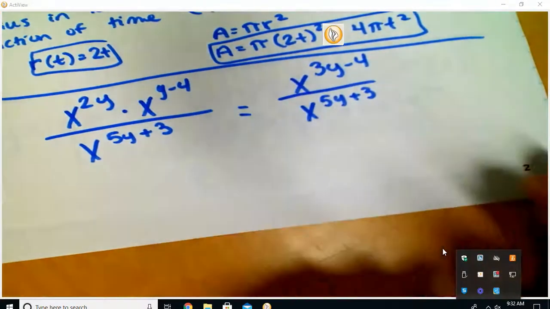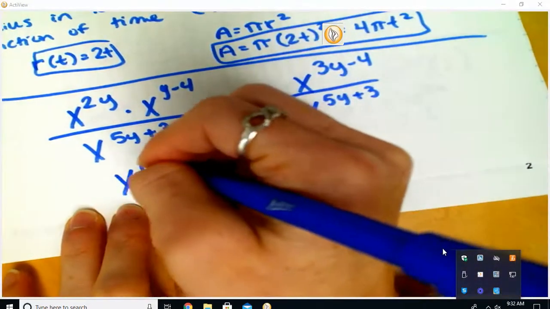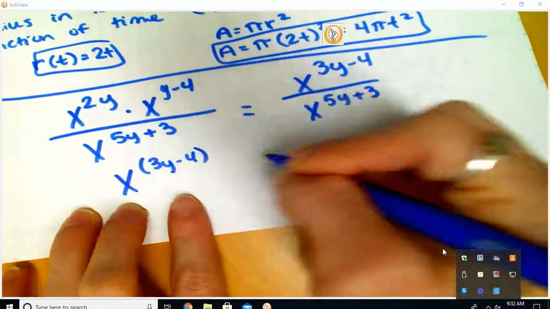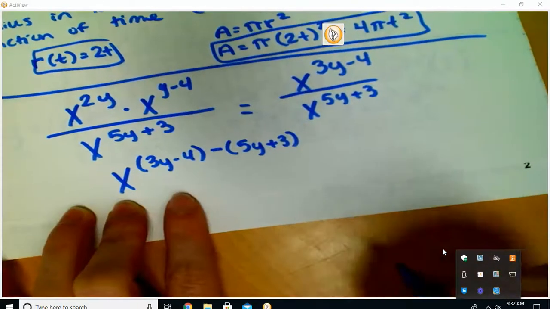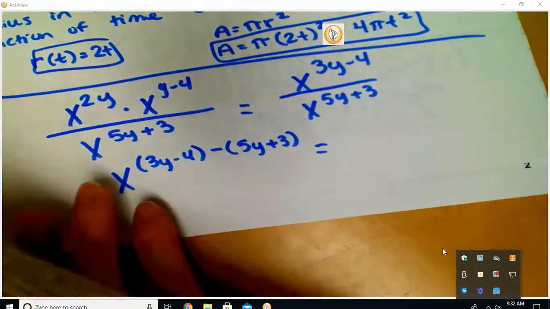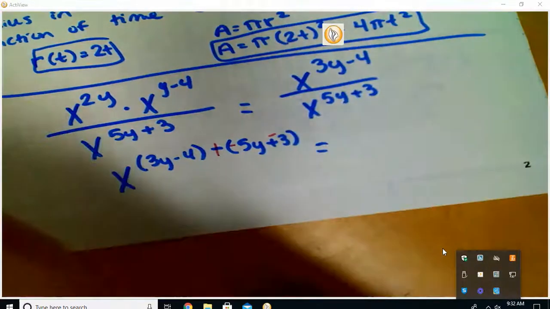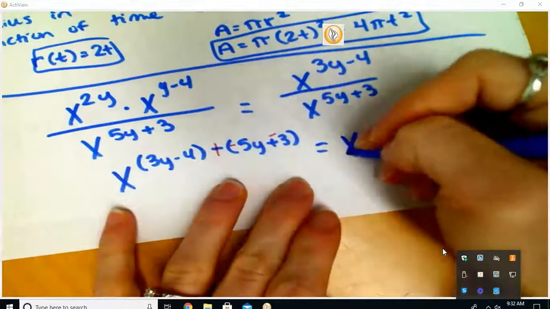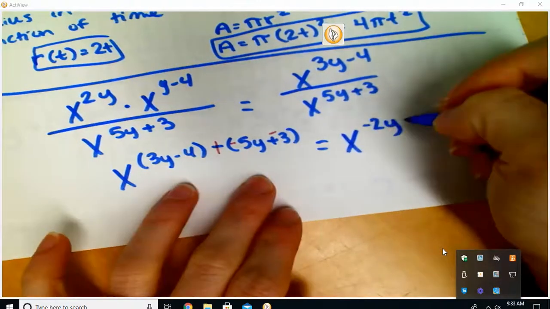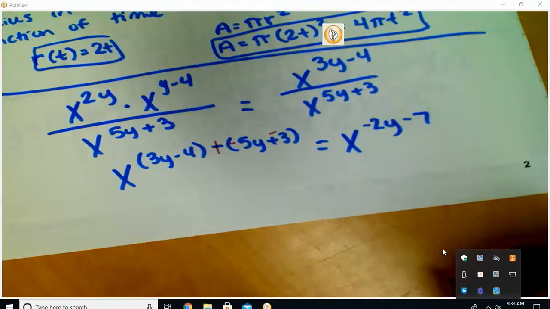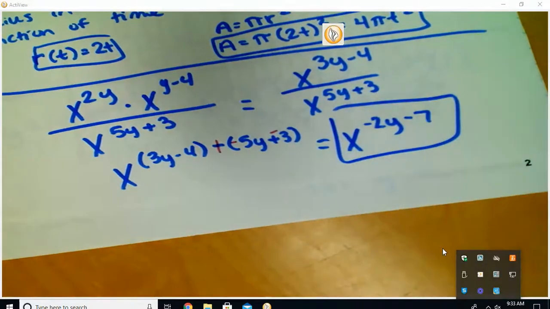When dividing, you subtract them, so 3y minus 4 minus 5y plus 3. If you run your negative through, we get x to the 3y minus 5y, which is negative 2y, minus 7. So you can do those rules of exponents.